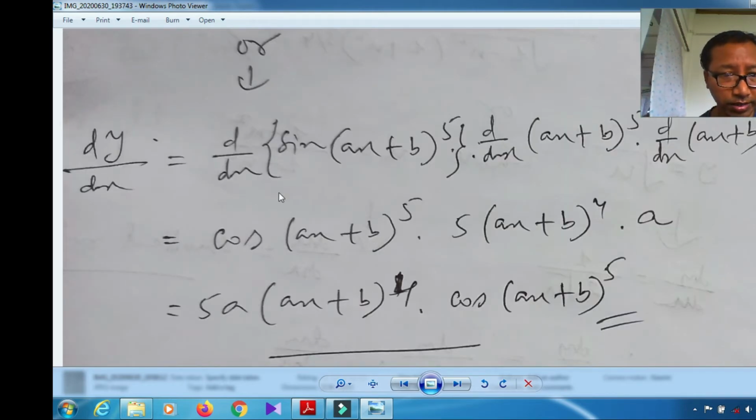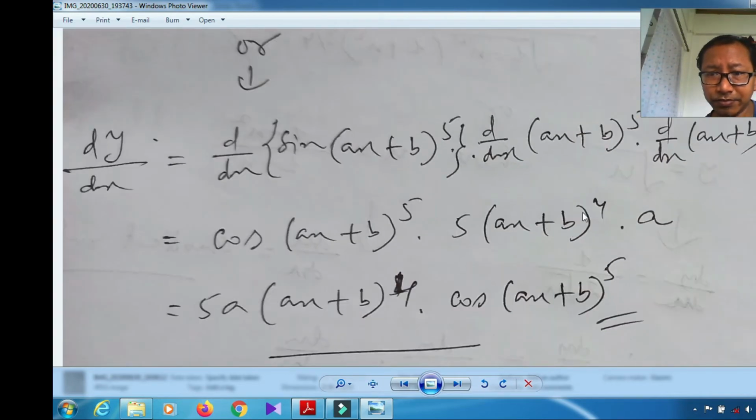Now one thing is that we can do it in a shortcut way also. Instead of writing all those u, v, w, we can have the differentiation directly like this. dy by dx is equal to d by dx of sine (ax plus b) whole to the power 5. Okay, then this part (ax plus b) whole to the power 5 we are going to differentiate.